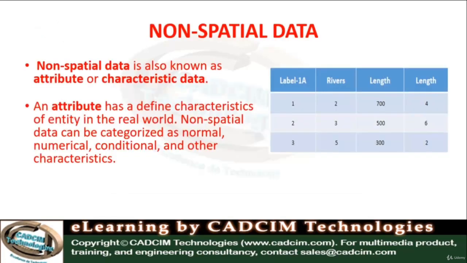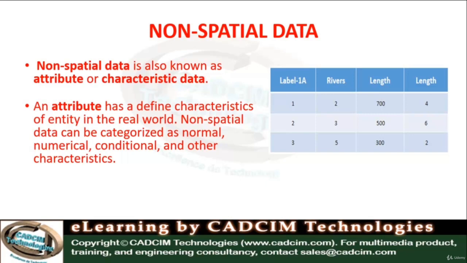Now the last type of data, that is non-spatial data. Non-spatial data is also known as attribute or characteristics data. Non-spatial data are stored in GIS as tables. Such tables are known as non-spatial or attribute tables.